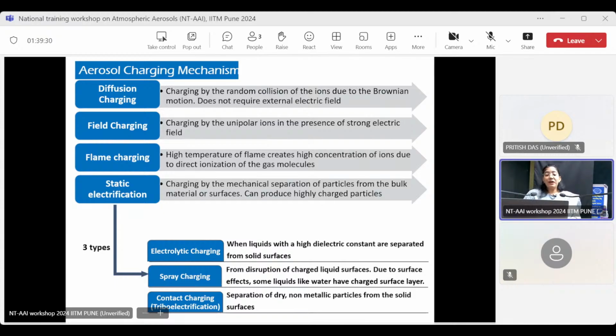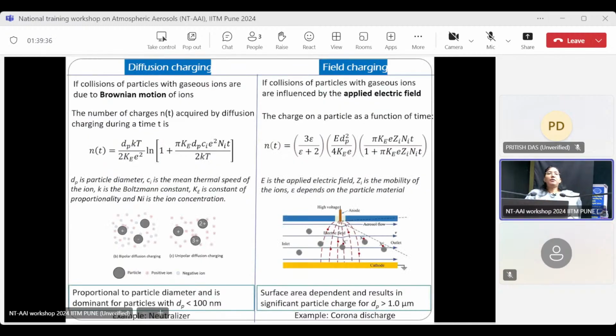Now we will compare the diffusion and the field charging in more detail. As I discussed, diffusion charging is because of the Brownian motion of the ions, and field charging is because of the applied electric field. For both, we can determine the number of charges produced, given by these two equations.